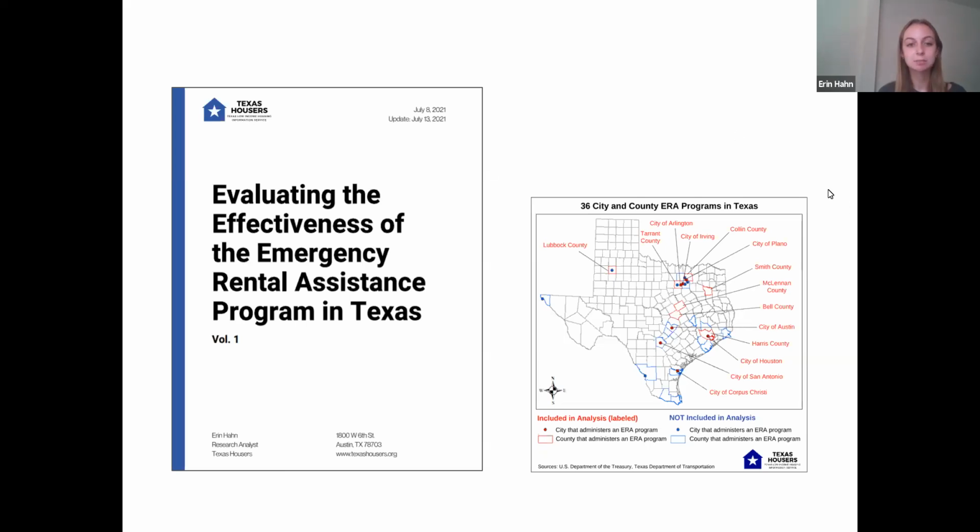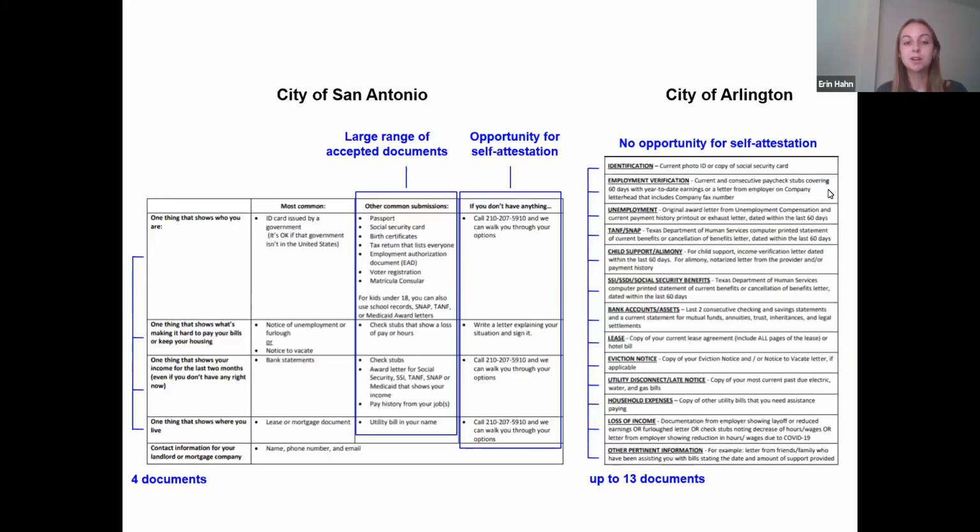Next slide, please. And so as we've already seen today, there are a number of strategies that program administrators can adopt to ensure that documentation requirements do not bar the participation of households who may have informal work, banking, or leasing arrangements that are difficult to formally document. So for example, as these screenshots of San Antonio and Arlington's documentation requirements show, San Antonio is willing to accept a range of documents that demonstrate income level, COVID-related hardship, and housing instability.